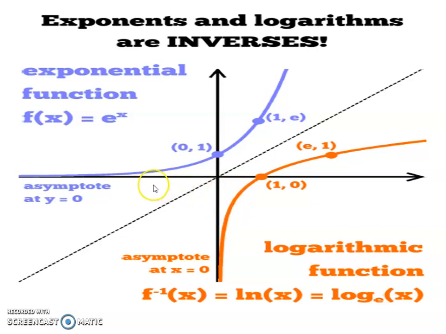This side -1, -2, -3 up to last. This side y-axis also has 1, 2, 3 up to last. Here -1, -2, -3 up to last. Just I give the statement that the logarithmic function is related to the exponential function, but exponent and logarithm are inverse.